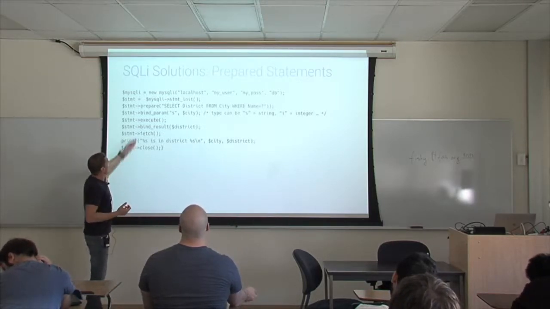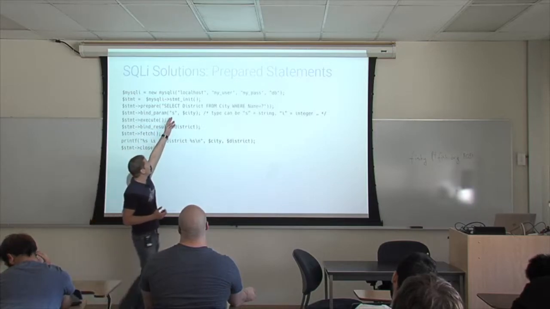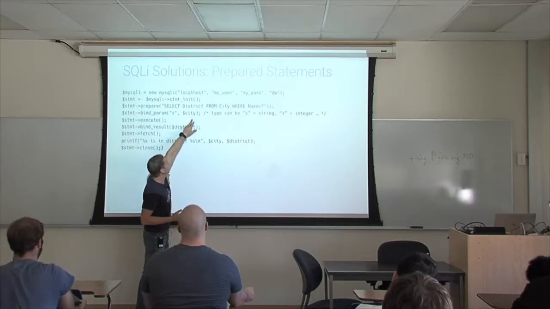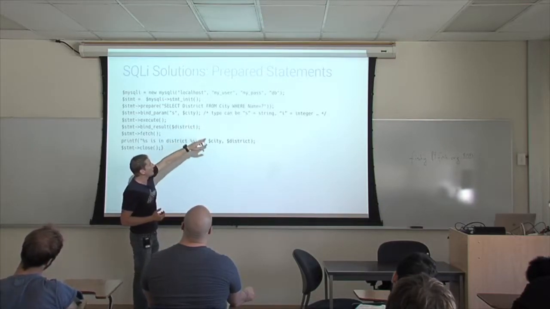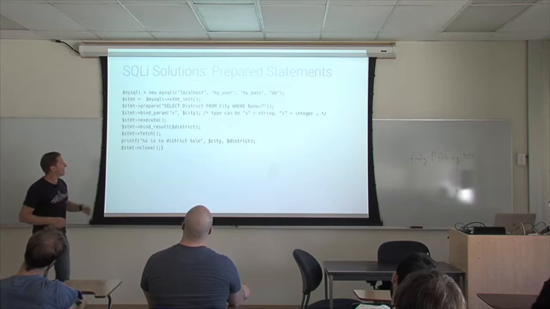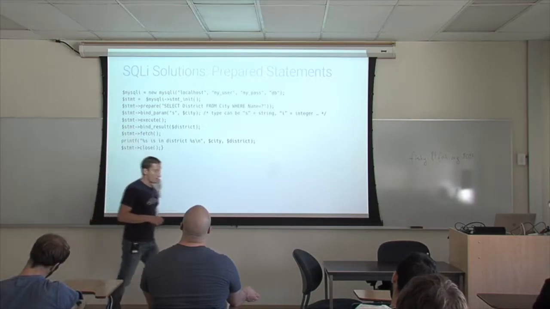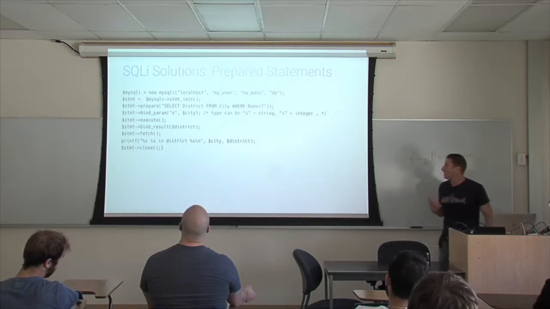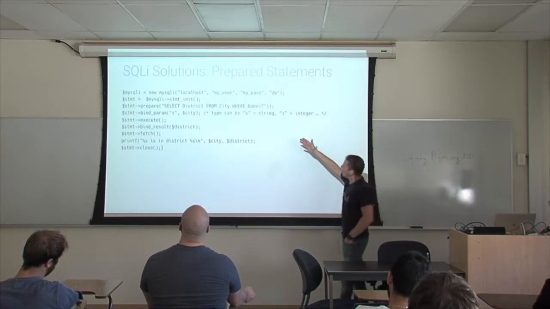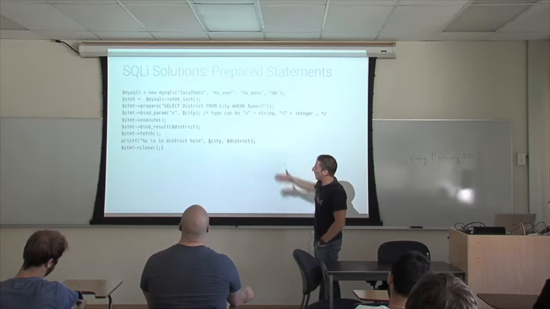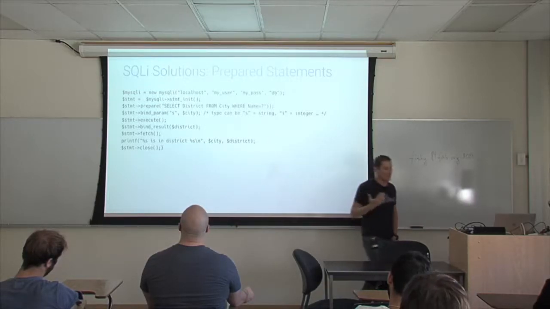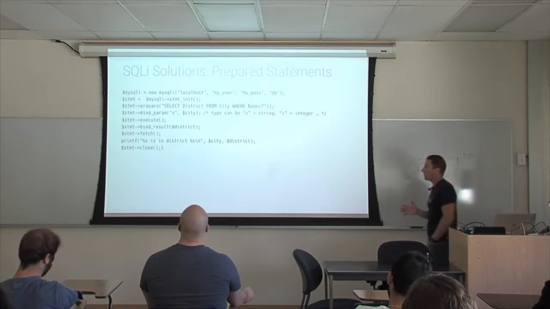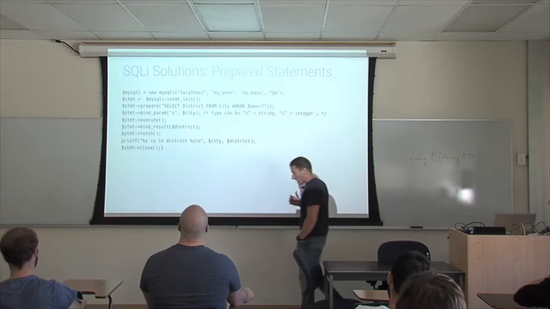And then you bind the parameter type and the actual value, and it gets bound to name, and then the query is executed and the results are extracted. So it doesn't matter if the value city has a bunch of injections. It will be just the name of the city. So these are the two main ways in which you prevent SQL injection.